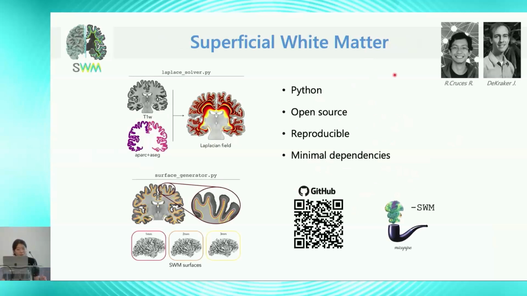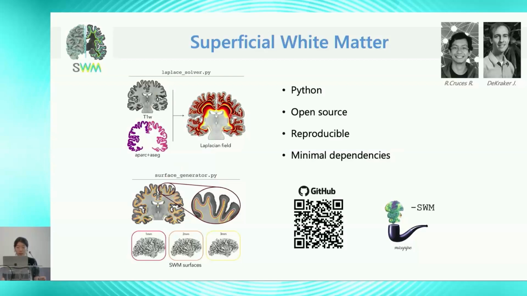So in our lab, my colleagues Jordan DeKraker and Raul Cruces and I developed a repository to solve a Laplacian equation from T1 weighted images and generate surfaces at various superficial white matter depths based on this Laplacian field.